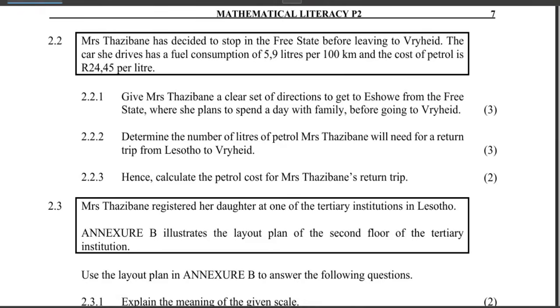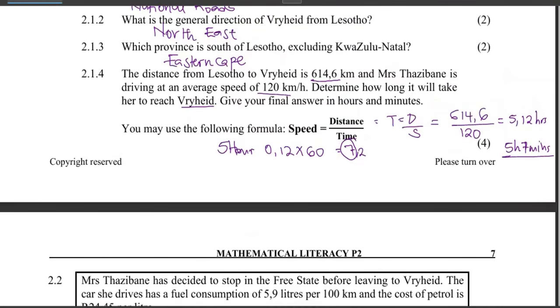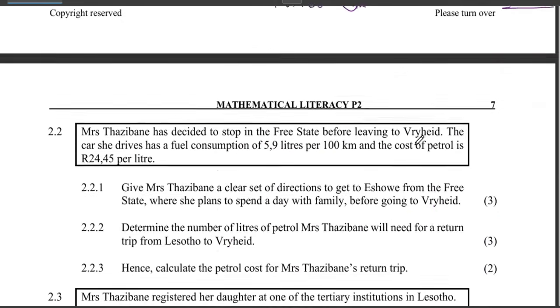Determine the number of liters of petrol Mrs. Tazibani will need for a return trip from Lesotho. Now remember, they have already told you the scenario before, so the distance is only this one here. Why am I using this distance? Because this is still question number 2.